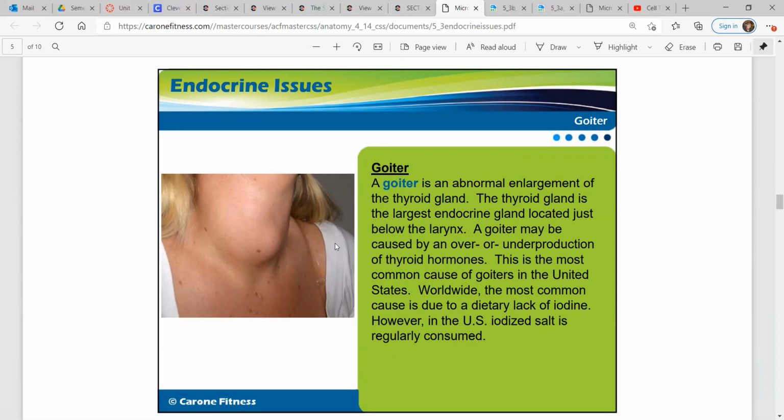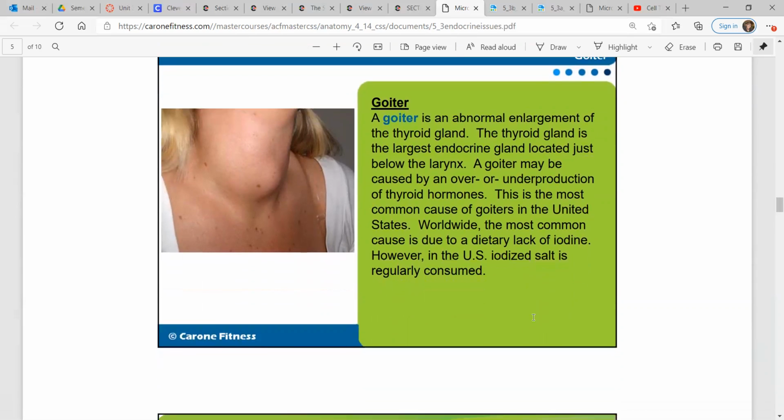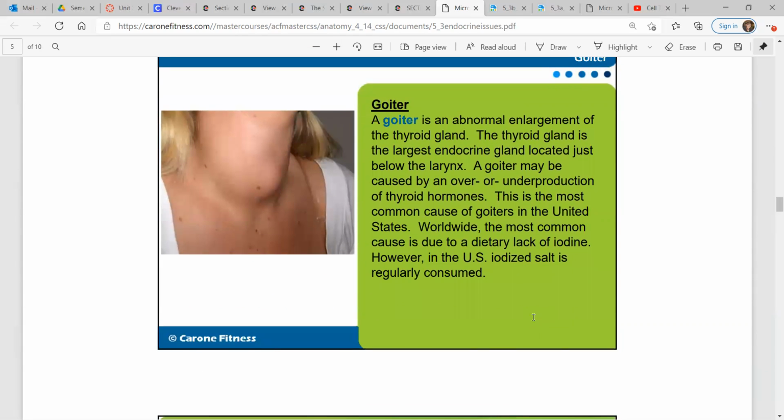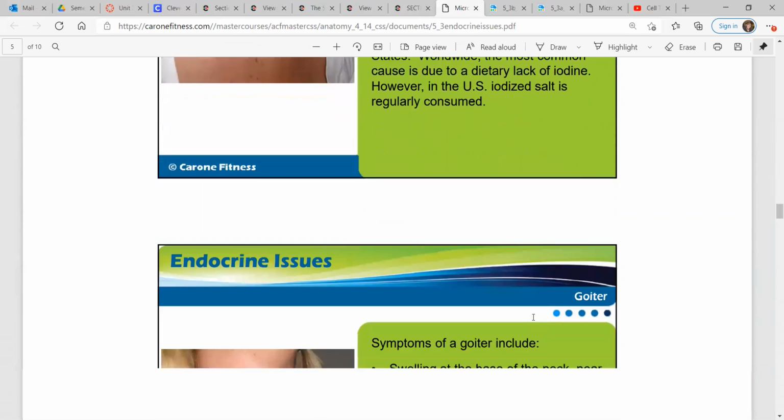And a goiter may be caused by an over or underproduction of thyroid hormones. Worldwide, the most common cause is a dietary lack of iodine. However, in the US, iodized salt is regularly consumed.